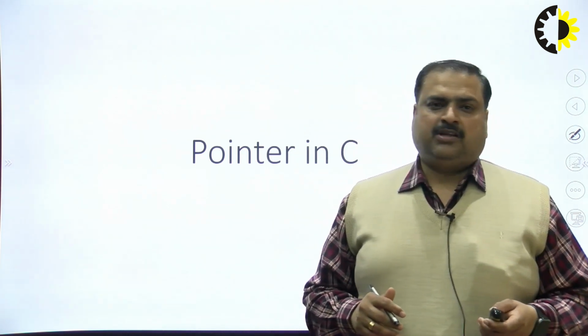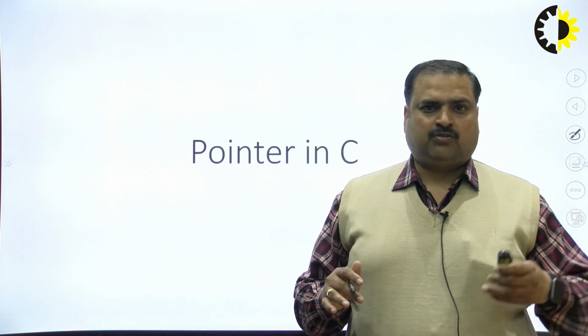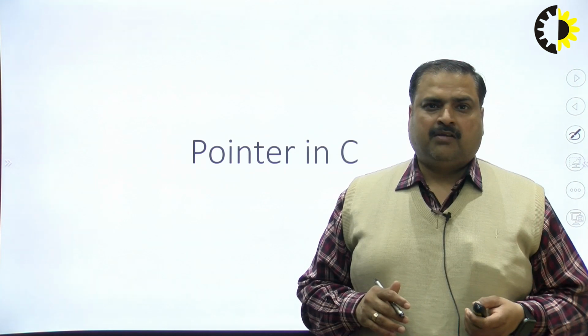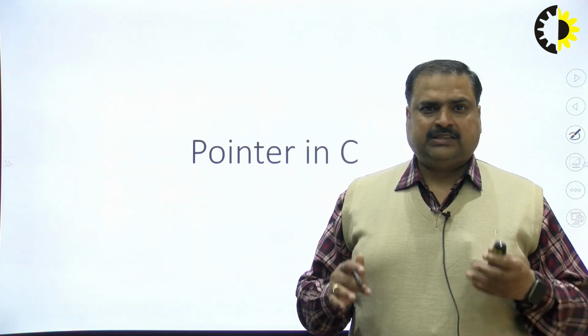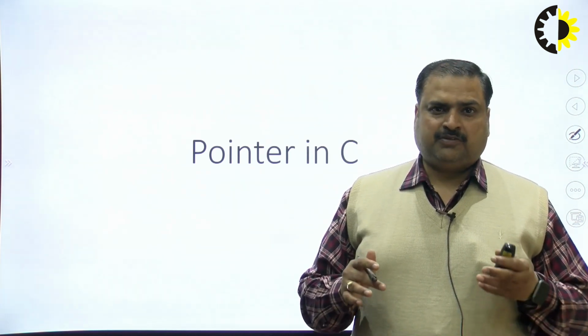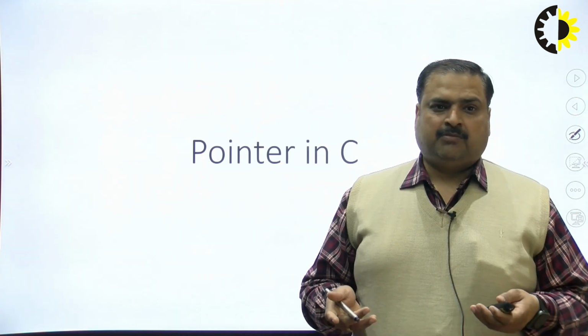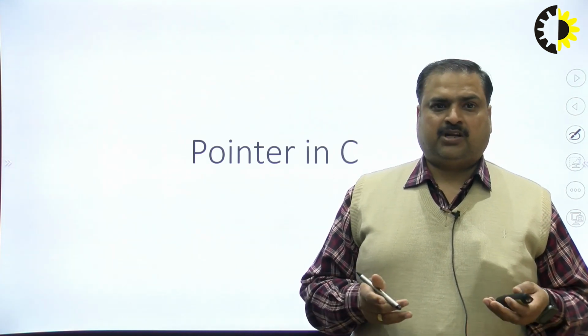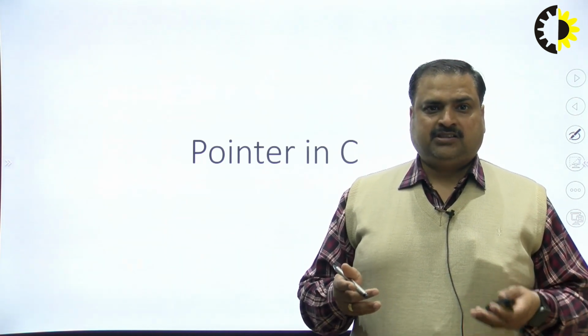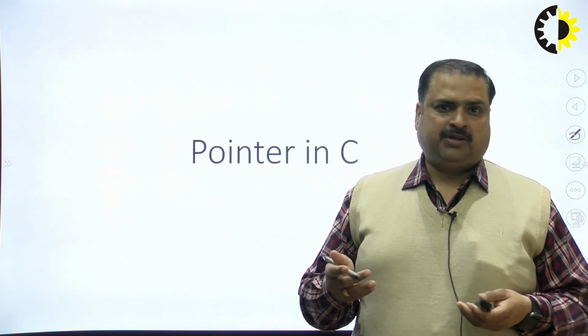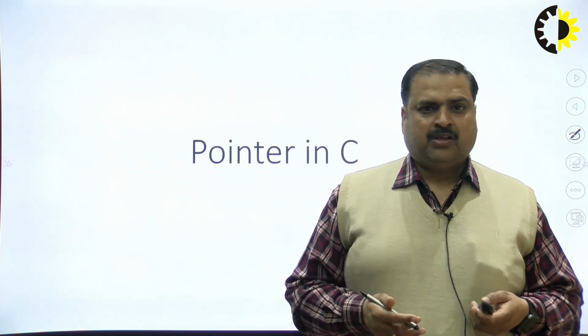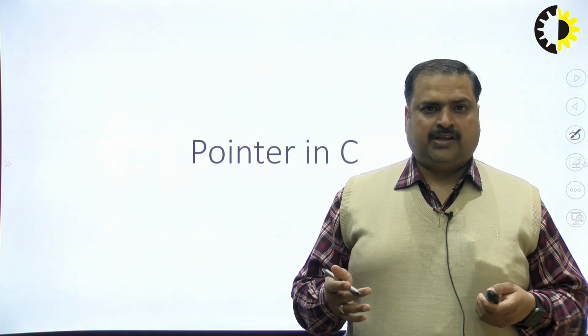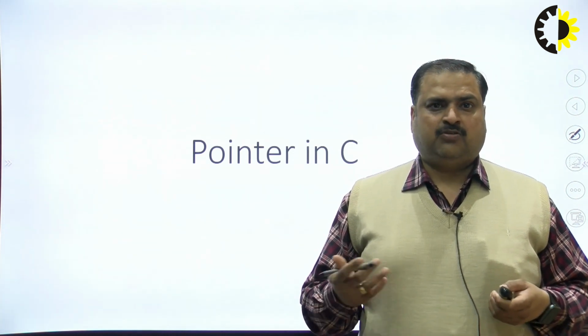So, many programming languages do not give access to the actual physical location of a variable, whereas C is a programming language which gives us this facility, because many embedded programs and many system level programs are being developed in C programming language. So, it definitely requires access to the actual physical location of the variable.